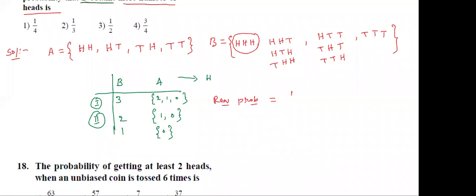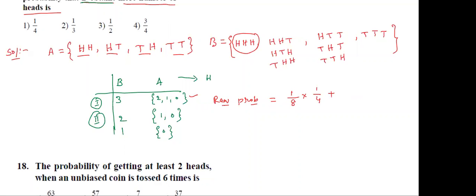That is 1 by 8, into, the events are independent here, A having 2 heads, 1 head, 0 heads. Here we can take all sample points. That is 1 by 4. This is only the first case.